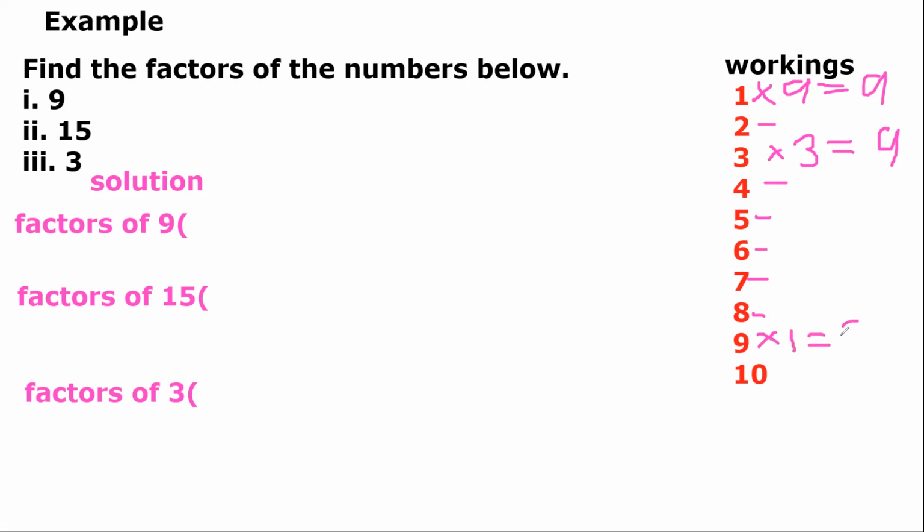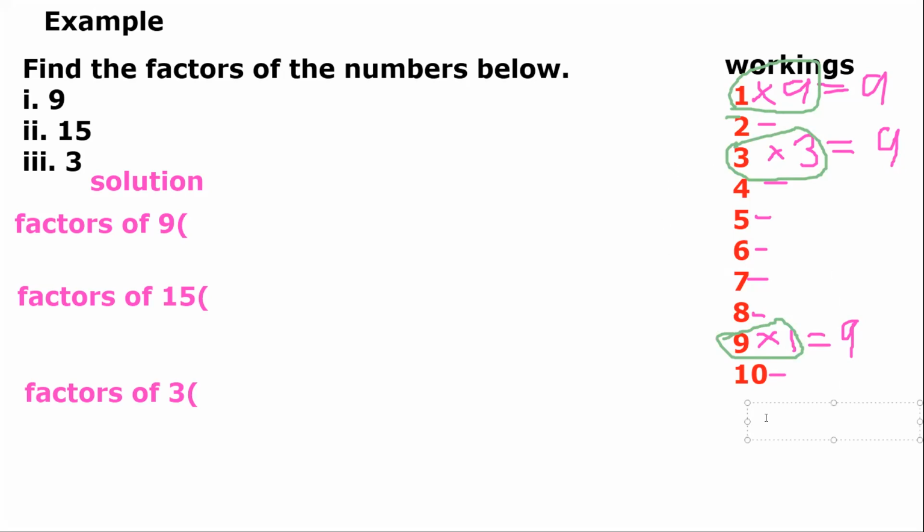10, no. So let's see those numbers that were able to give us 9 here. Now we have the 1 and 9. We have 3 and 3 also give us 9. And then 9 and 1. Okay, now I'm going to arrange these numbers in ascending order. So let me first write them here.